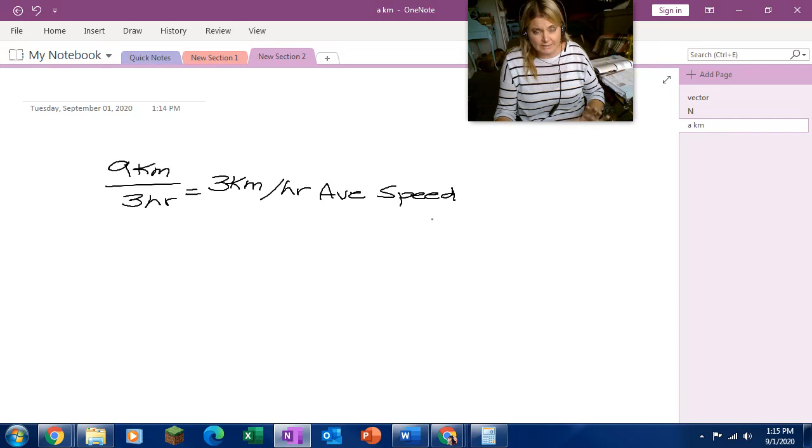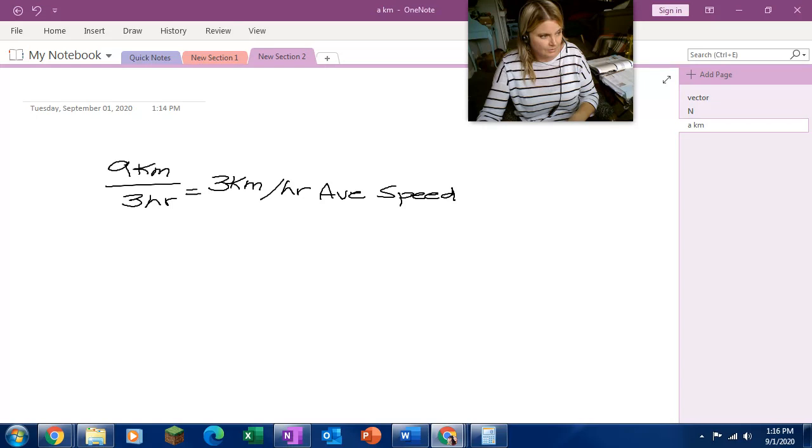Okay, so velocity, when you look at average velocity, is a little bit different. So average velocity is calculated kind of the same way we did on the previous screen with displacement.